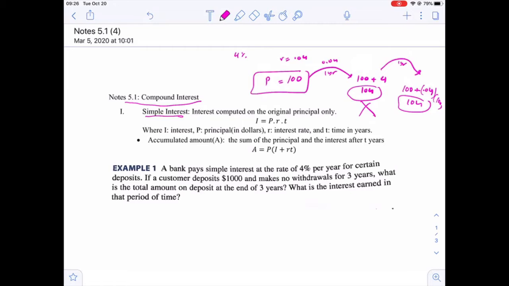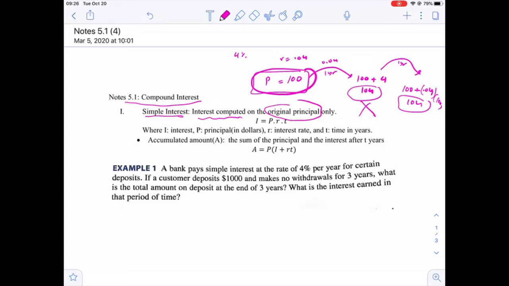So each year you get 4% on the original amount. So every year you get $4. That's a constant amount, and that's called simple interest because here the interest is computed only on the original principal. So you deposit $100.